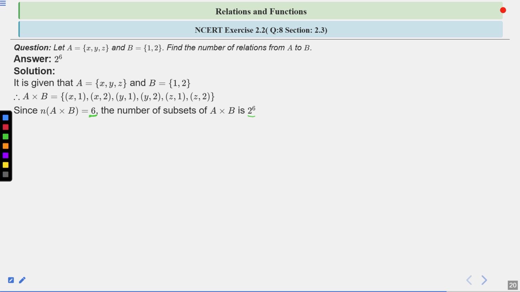And we know very well that the possible number of relations is the same as the total number of subsets of A cross B. Therefore the number of relations from set A to B is 2 raised to the power 6, which is 4 times 4 times 4, which gives me 64. Okay.